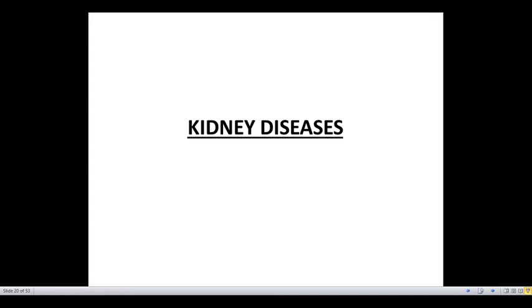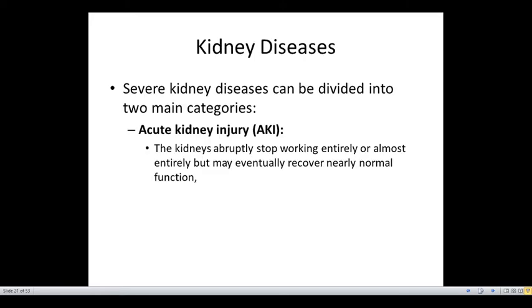Moving on to the kidney diseases, which are among the most important causes of death. Severe kidney diseases can be divided into two main categories. Number one, acute kidney injury, AKI.